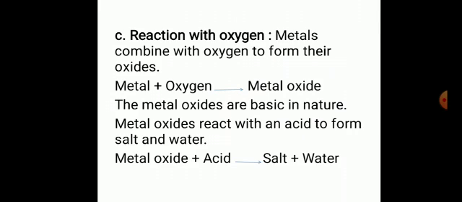Magnesium oxide reacts with acid to form salt and water. Magnesium chloride and water will be formed when magnesium oxide, MgO, reacts with hydrochloric acid, HCl. So metals react with oxygen to form metal oxides, and metal oxides are always basic in nature.